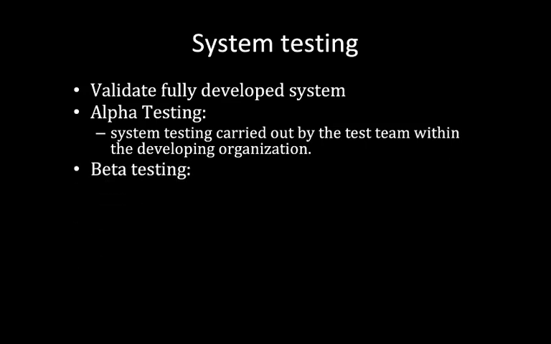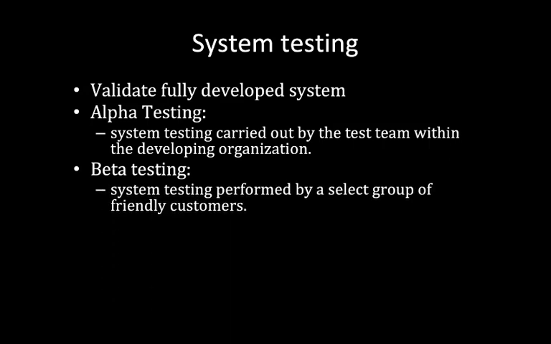Then the second type of testing is beta testing. Here the testing is performed by a select group of friendly customers. Usually when some software like an operating system like Windows is released, they will release the beta version of the software and it will be given to some friendly customers.